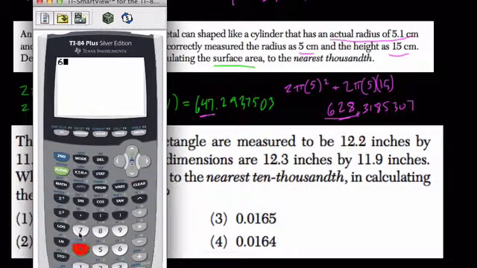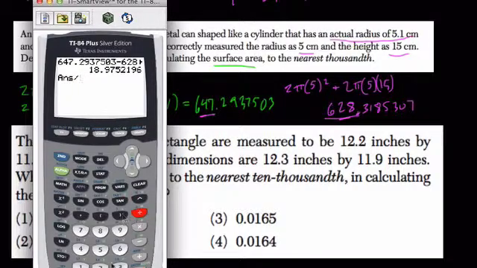So we're just going to subtract the two. 647.29375.03 minus 628.3185307. Okay, that's our difference there. That's our absolute value, but it should be out of the actual value, what we should have gotten.